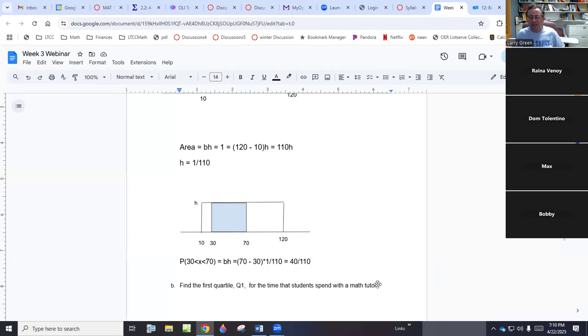Yeah, it means 25% probability of being less than that value. And by the way, if you have a continuous distribution, being less than and being less than or equal to are the same. If you have a discrete one, it actually matters. They're not the same. So I want to give you a heads up on that.